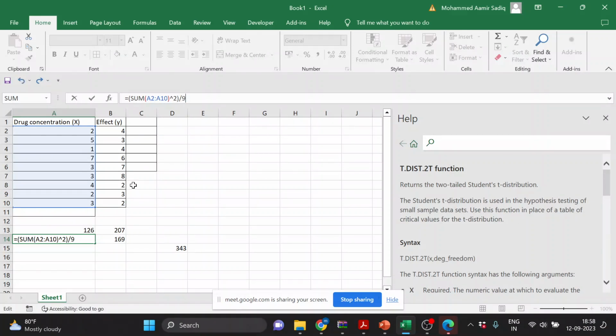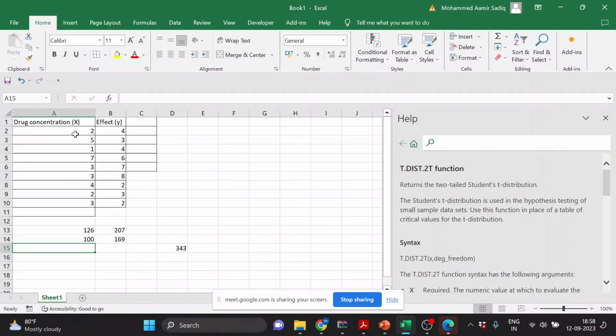You have 9 samples. For this data set your SXX is 126 minus 100.